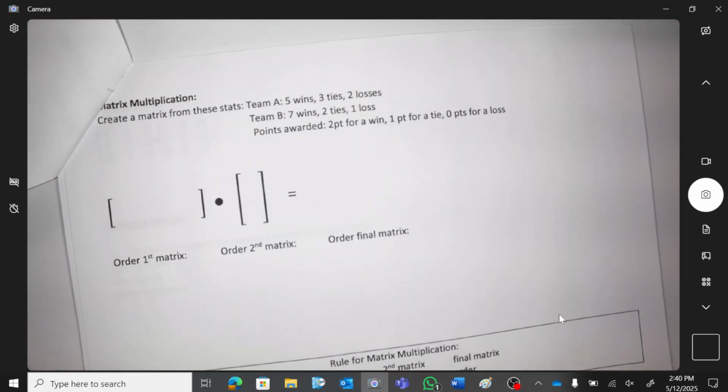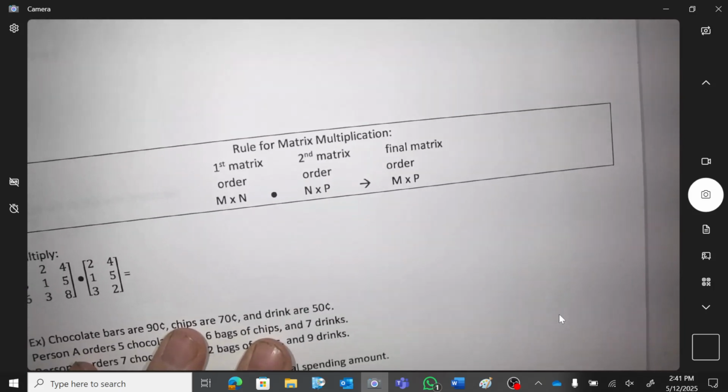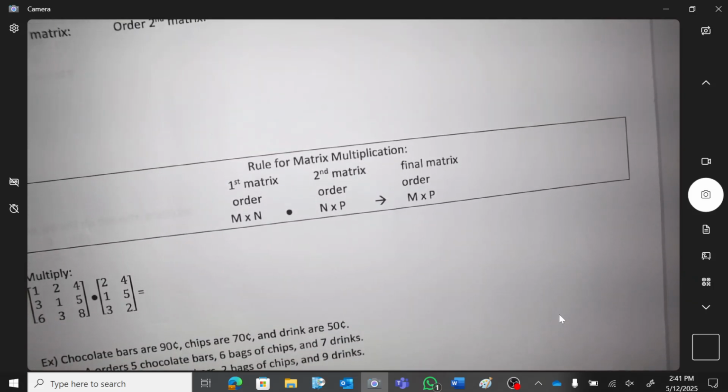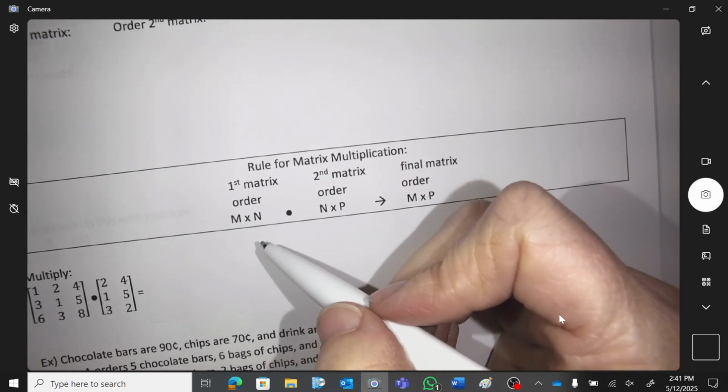Okay, so now we're going to learn how to multiply. This one is different. So here's the rule. I'll put it in the middle actually here. When you are doing a matrix multiplication, you actually don't want the same.